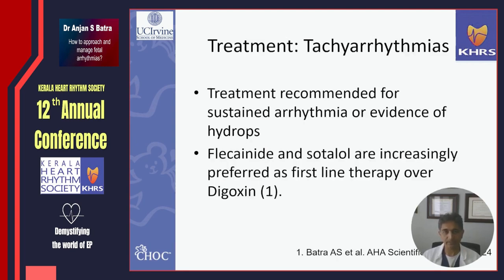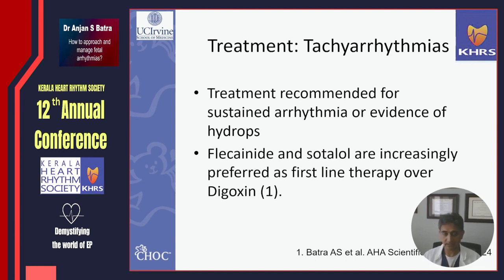Treatment for tachyarrhythmias. Treatment is recommended for sustained arrhythmia or evidence of hydrops. Now, digoxin used to be the preferred first-line therapy for patients with reentry, and in most institutions it still is.